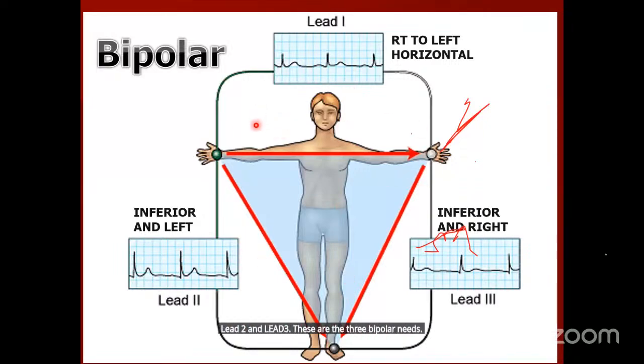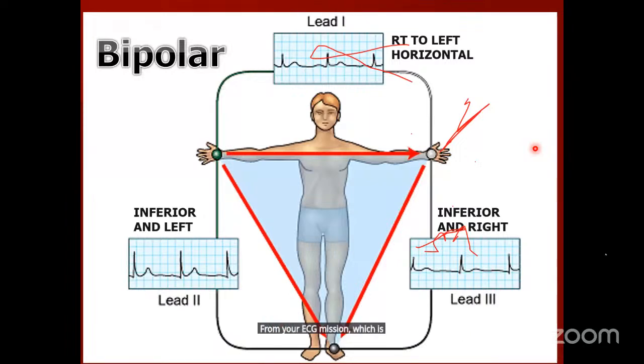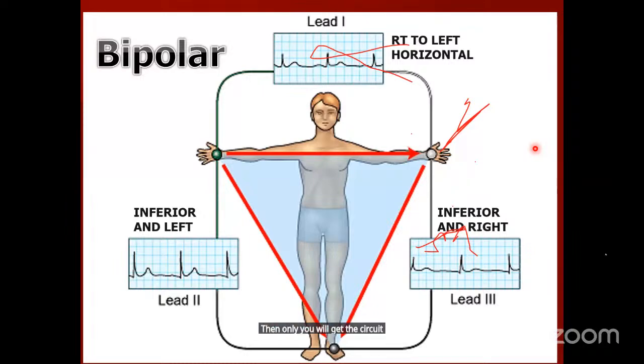So for example, if I ought to get any electrical recording on your ECG paper from your ECG machine, which is a galvanometer, you have to connect something to the positive pole and something to the negative pole. Then only you will get the circuit completed and have the electrocardiograph recording on your ECG paper. So for each one of the leads, we must know what is connected to the positive pole of the machine and what is connected to the negative pole of the machine.